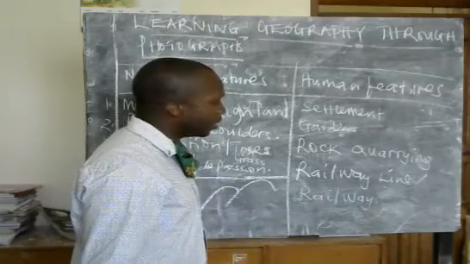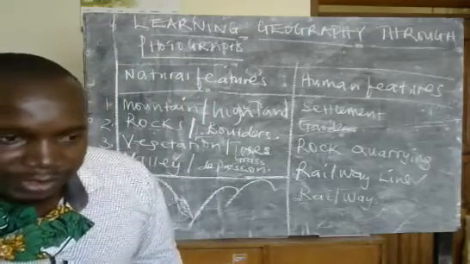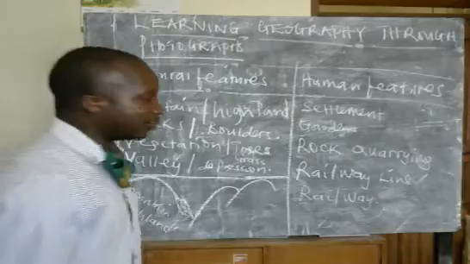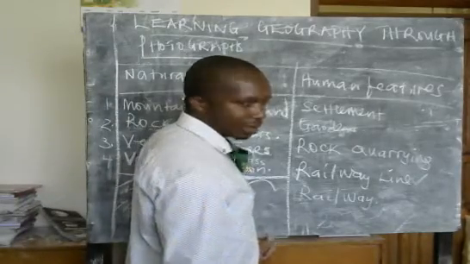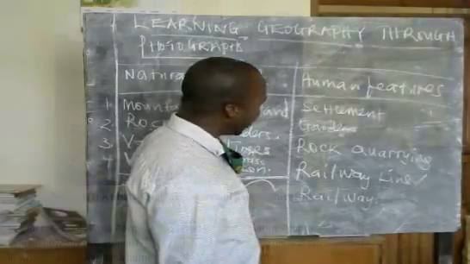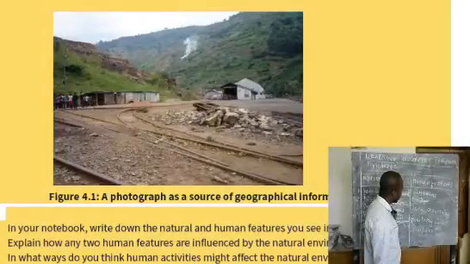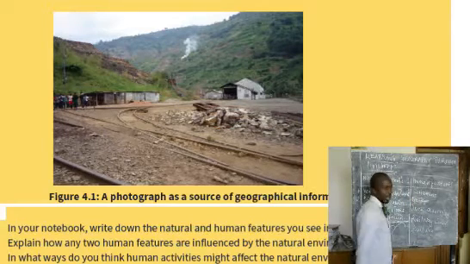Then look at the photograph still once again. When you look at that photograph, are you able to see the gardens?